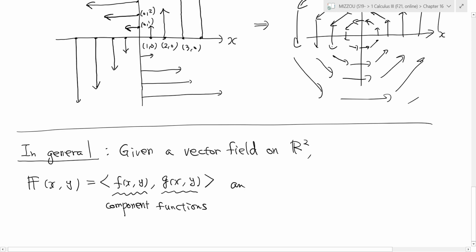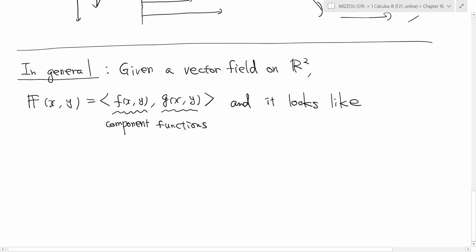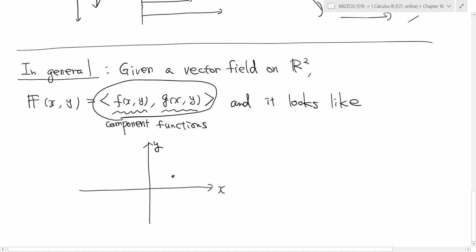And it looks like this. So on the xy plane, at each point on the xy plane, you get the vector produced by this rule, according to this rule.